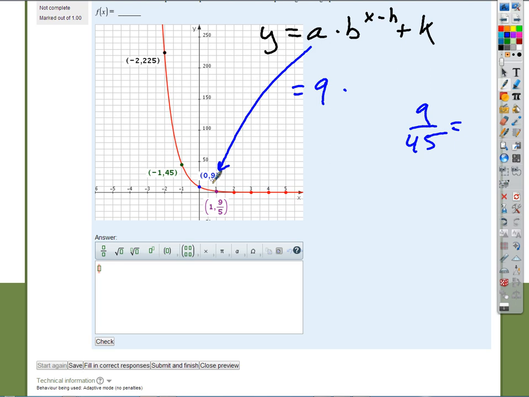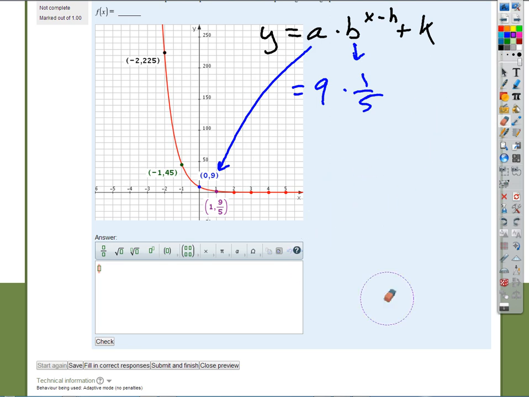It's going to work the same for any two successive y values, but if I pick 9 and 9/5, that's a little bit tougher, because then I've got to divide 9/5 by 9, which still gives me a value of 1/5, but it's easier if you just pick integers instead. Either way, the value of b is 1/5, right?